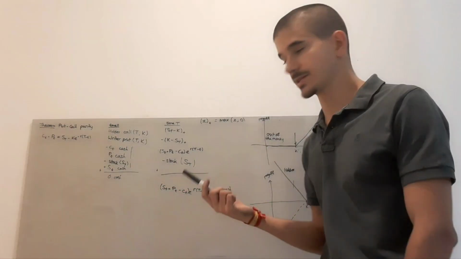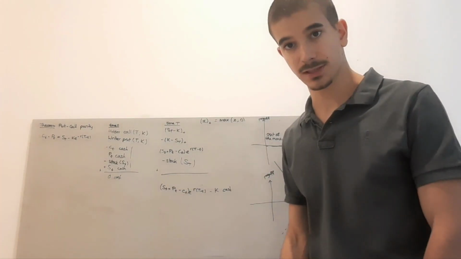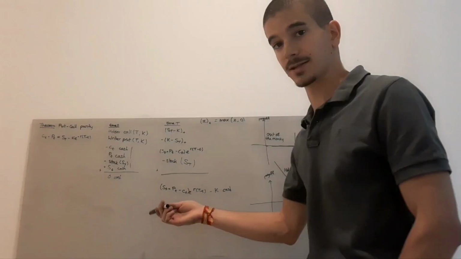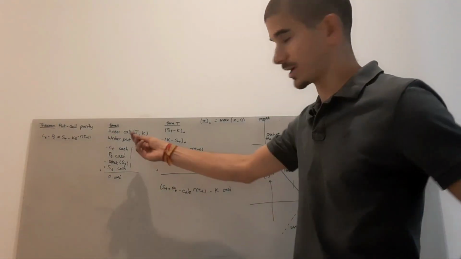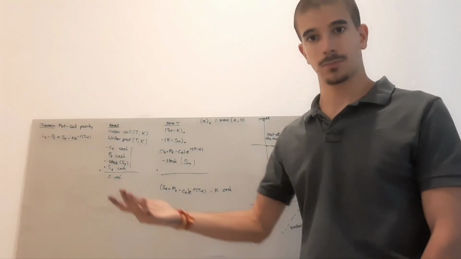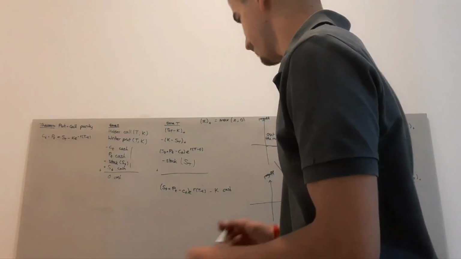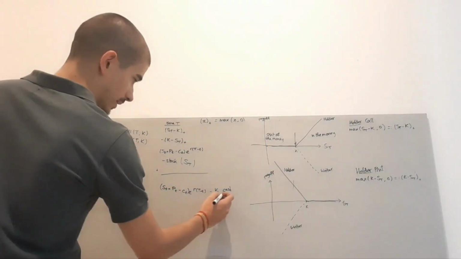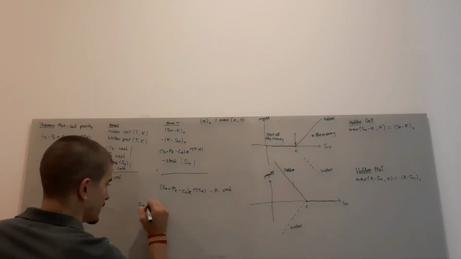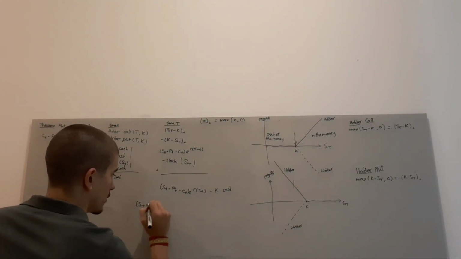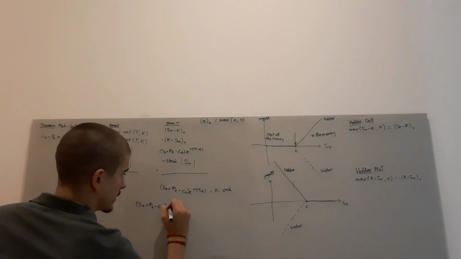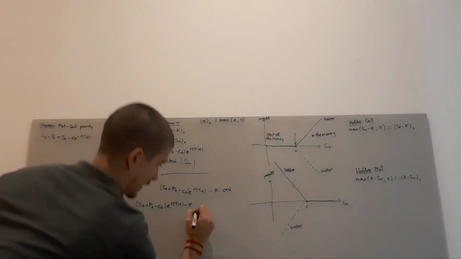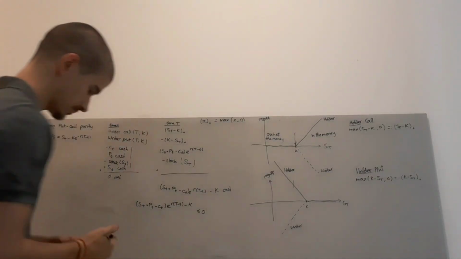Because if it were greater than 0, this would be an arbitrage opportunity, and we said there's no arbitrage. Someone would exploit this immediately, and the prices would balance out. So we arrive at the conclusion that this whole thing, ST plus PT minus CT e to the RT minus T minus K, is less than or equal to 0.